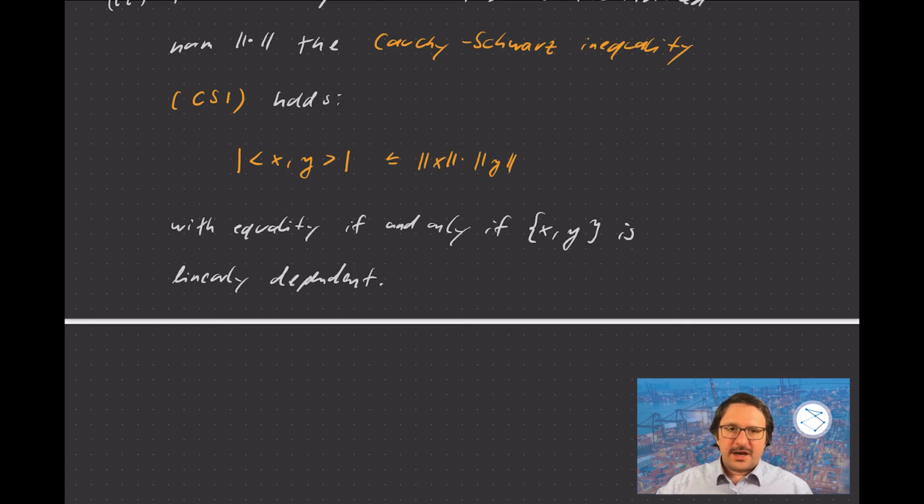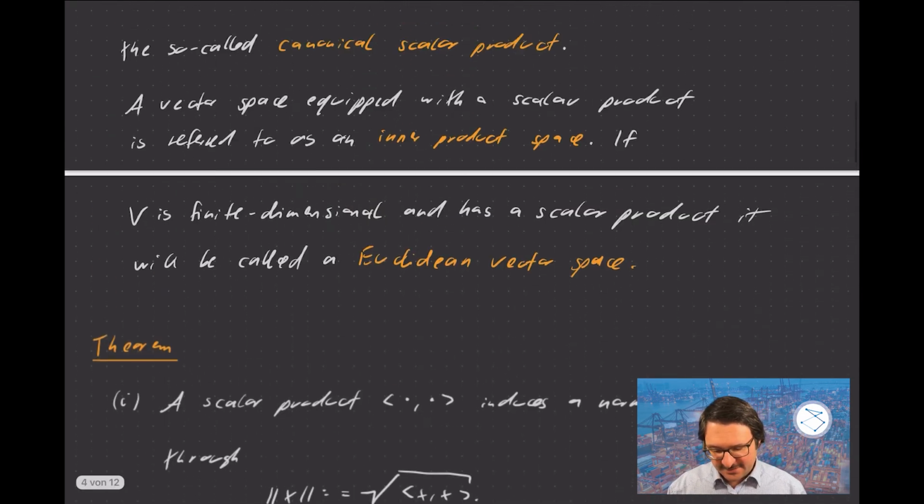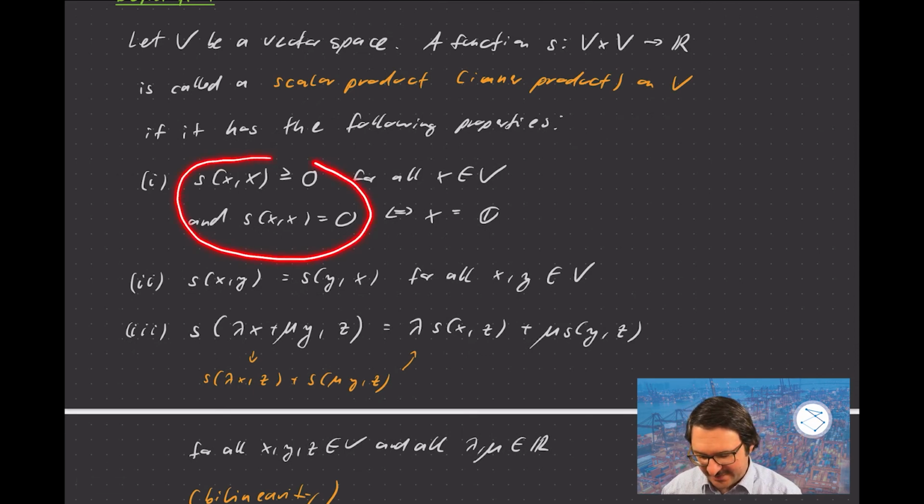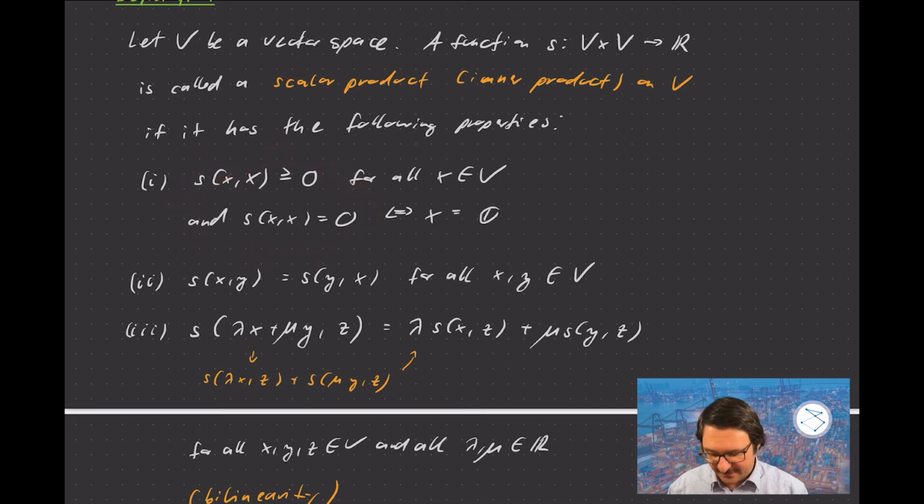Now, we're going to have a look at the proof of this inequality here, mainly to show you how to work with scalar products using these abstract definitions that we had in the definition of a scalar product. Remember, 3 properties. First, we have this one here, scalar product of a vector with itself is non-negative, 0 exactly if x is the 0 vector.